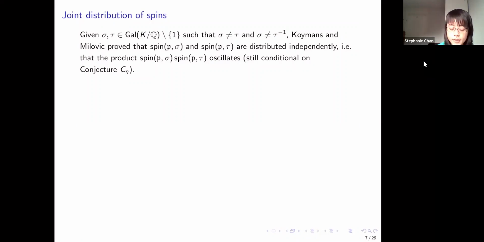And we assume that sigma and tau are distinct and that they are not inverses of each other. Koymans and Milovich prove that for the 2 spins, fixing sigma and tau and varying P over prime ideals, they are essentially distributed independently.